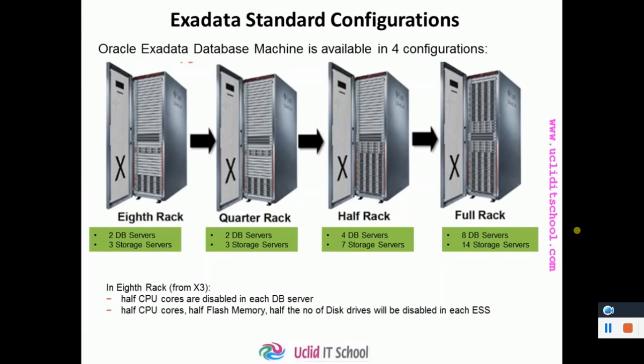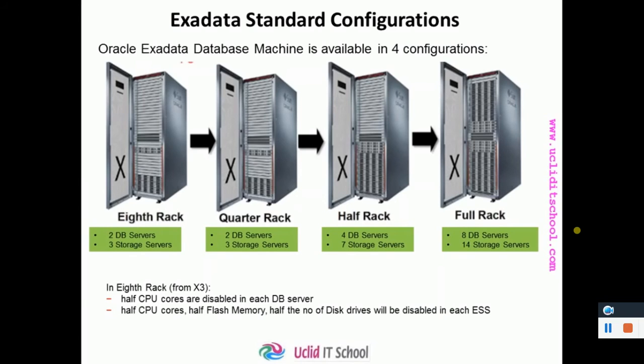The difference between 8th rack and quarter rack is that 8th rack is half the capacity of quarter rack. For example, on a quarter rack, say if you have 100 CPUs, in 8th rack you will have half of that, that is 50 CPUs. Similarly, in quarter rack, if you have 100 GB RAM, in 8th rack you will have 50 GB RAM.